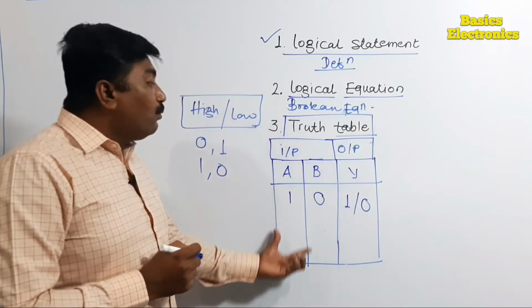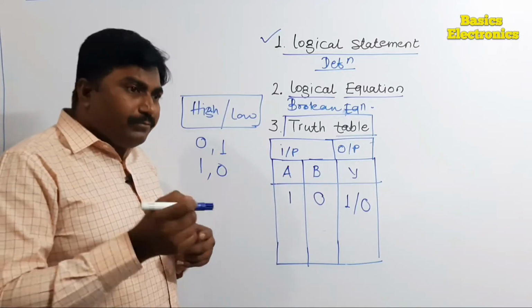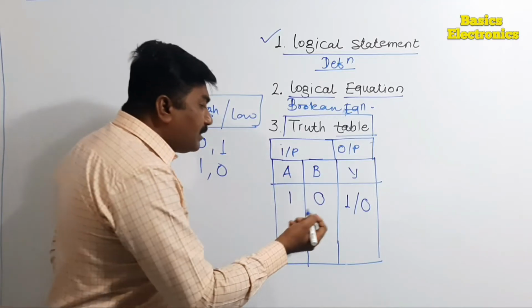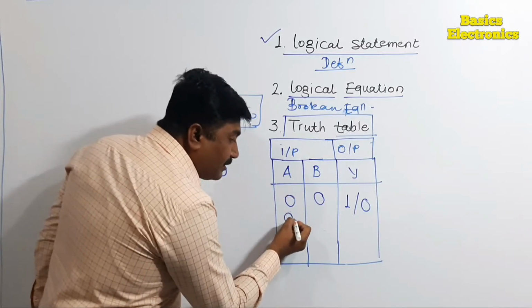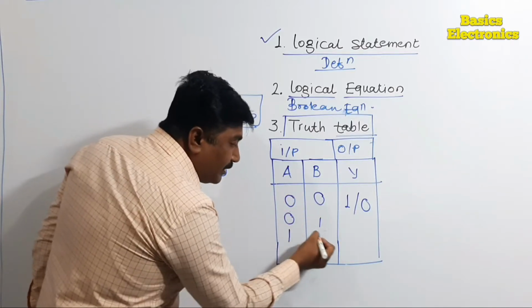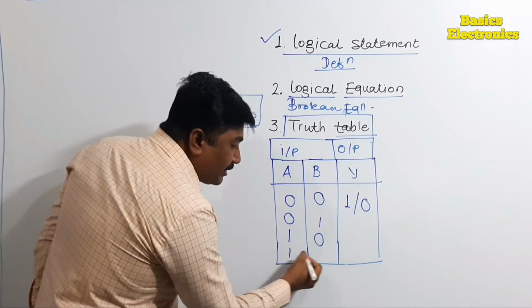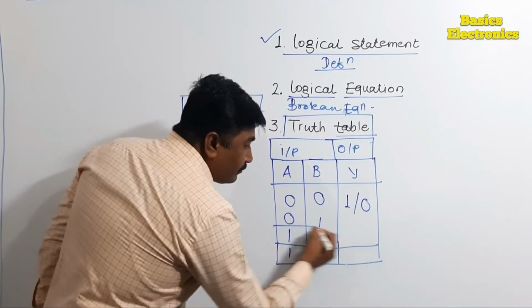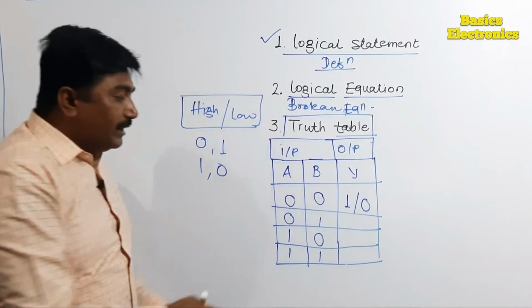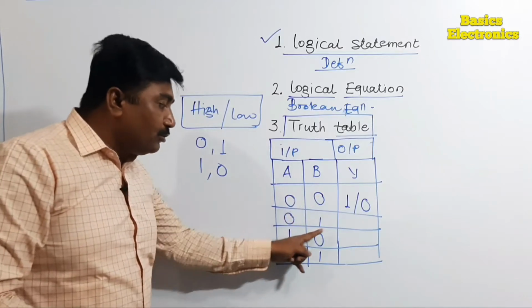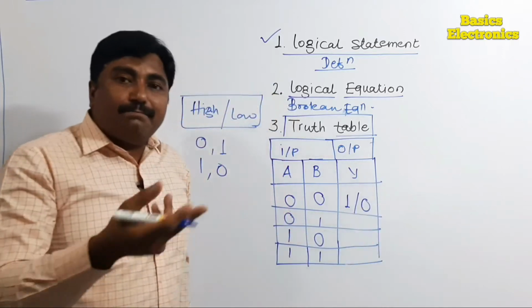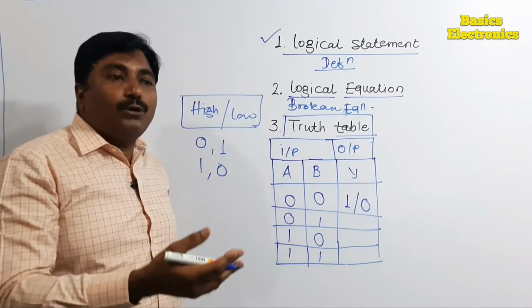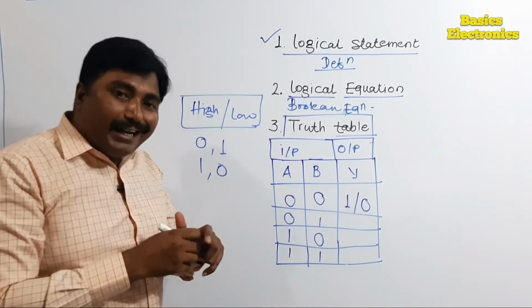Now, 4 conditions we get. What are those conditions? First condition is 0 0, second condition is 0 1, third condition is 1 0, and fourth condition is 1 1. We got 4 conditions: 0 0, 0 1, 1 0 and 1 1, and we get the 4 corresponding outputs when we apply the inputs.